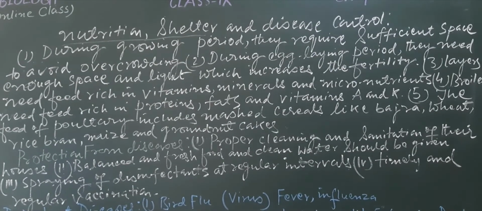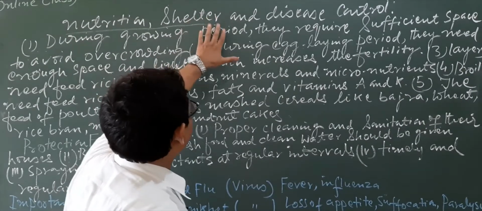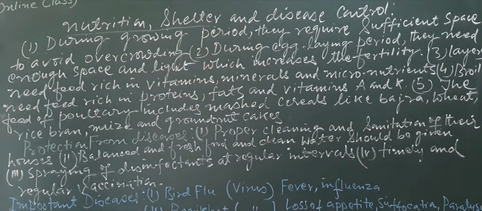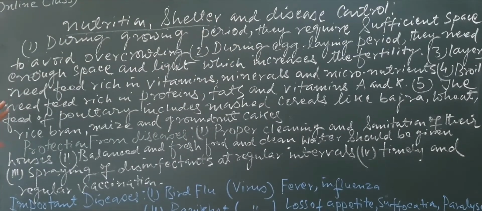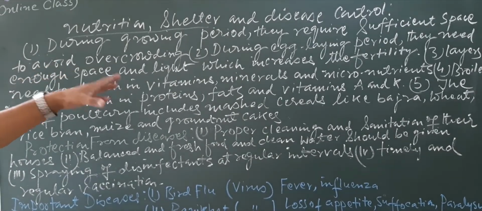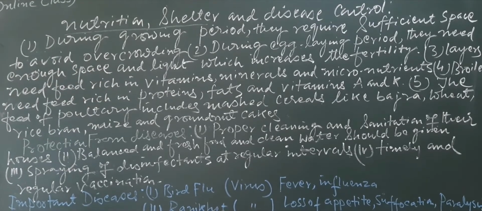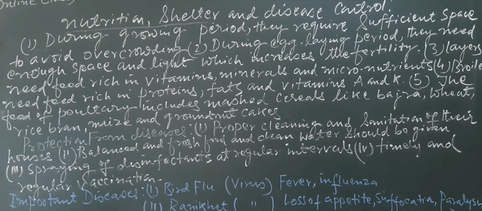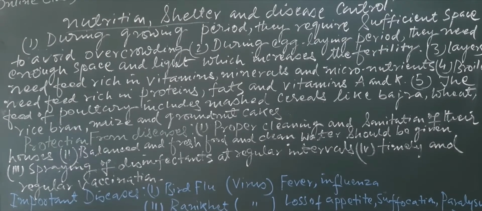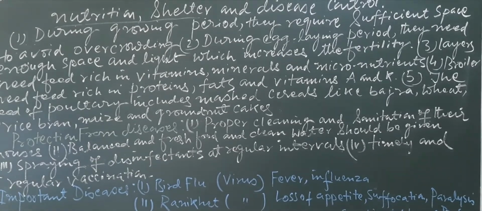Now we are on the nutritional requirement, shelter and disease control management of poultry farming. Here are some points for you. During the growing period they require sufficient space to avoid overcrowding. Number two, during the egg laying period they need enough space and light, which increases the fertility rate.